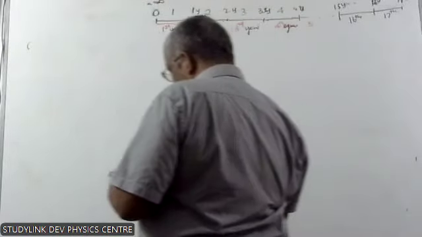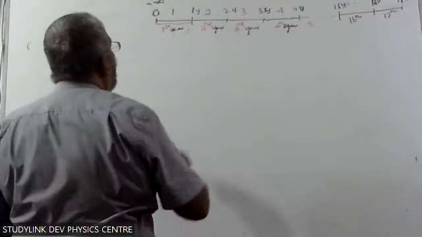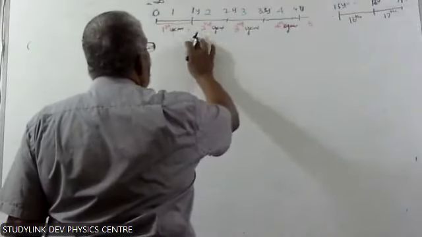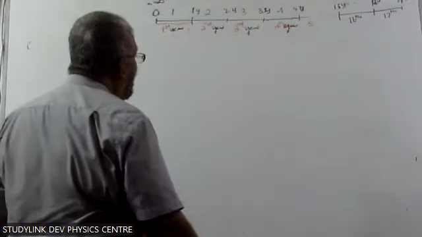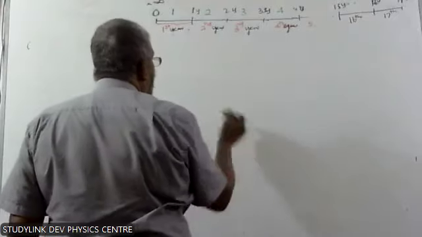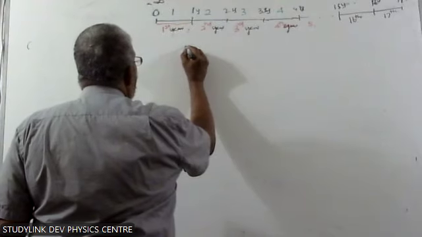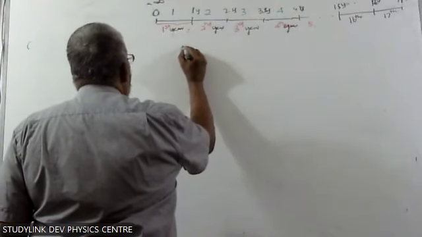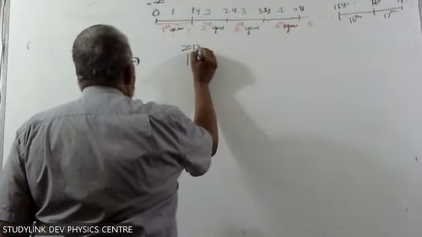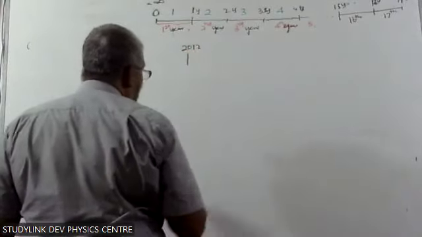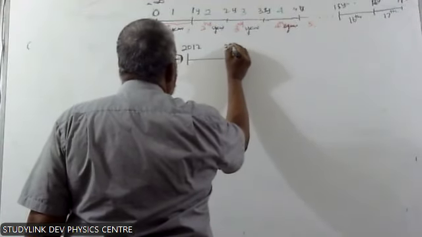But I will draw another line and explain. Now we'll say 0 to 1 calendar is 1. We'll consider these days, 2012 to 2013.